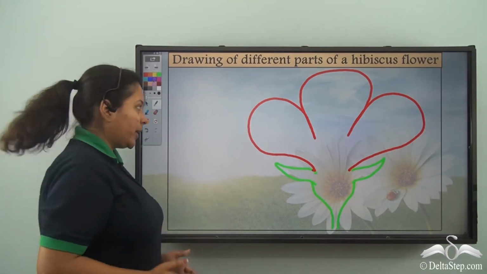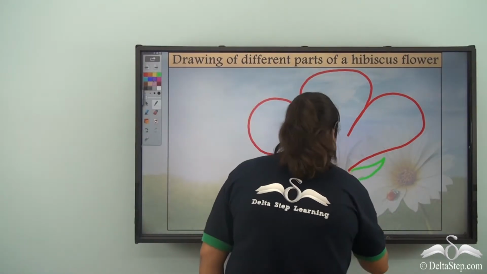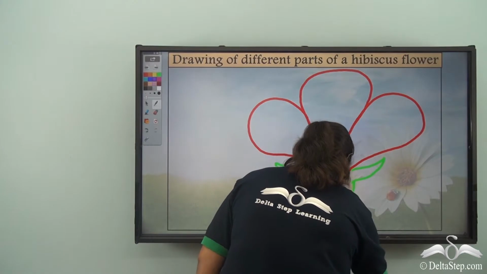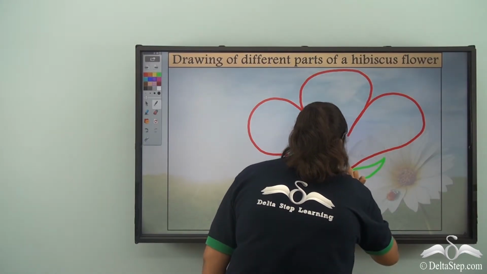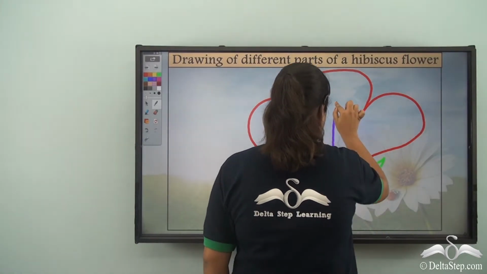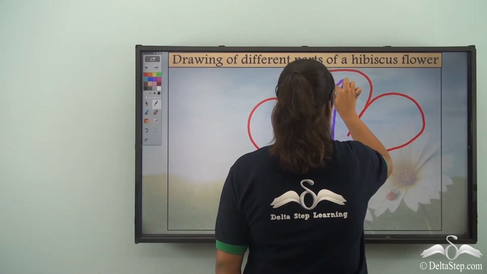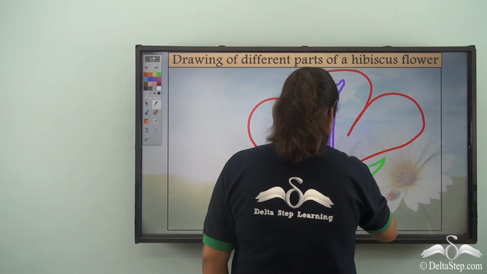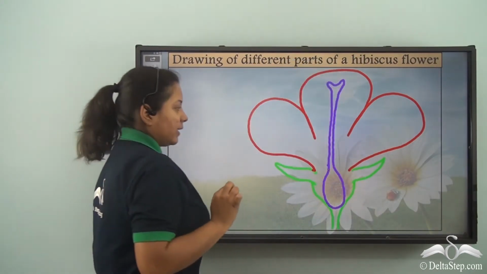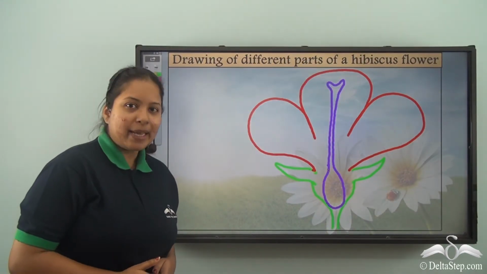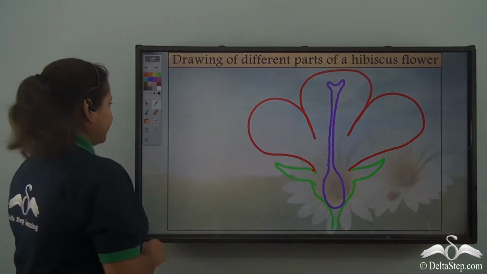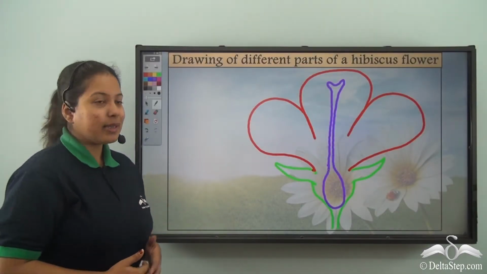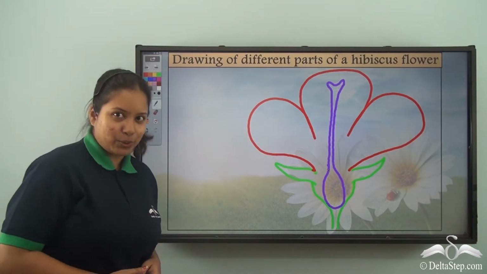After that, we will be drawing the female reproductive part. See, this is the female reproductive part. What is this known as? This is known as gynoecium.